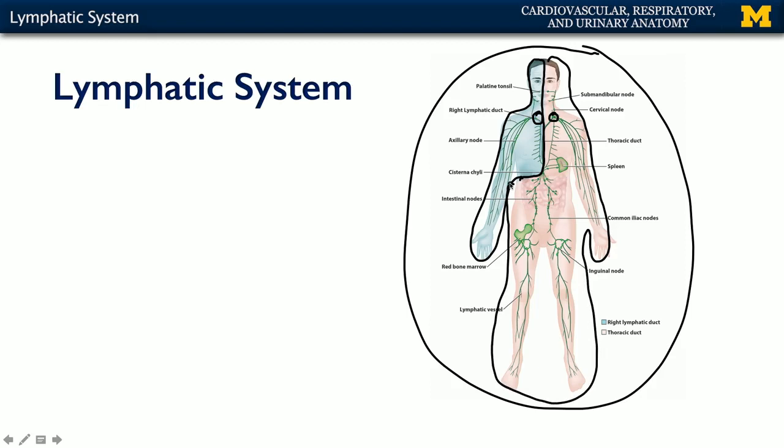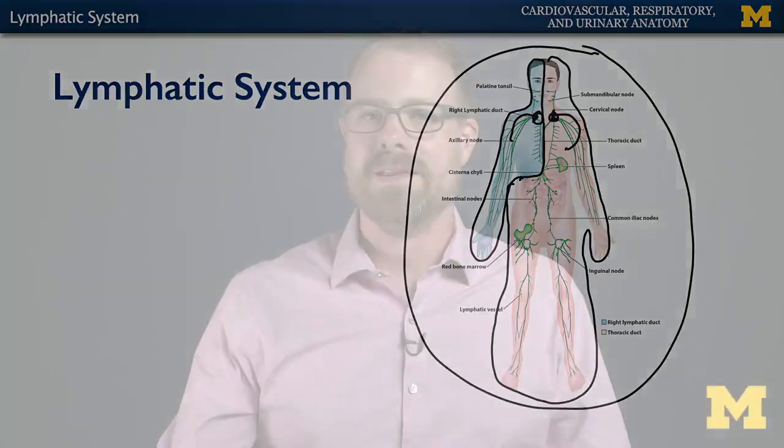is another drainage unit. And so what we have is this green draining into the right lymphatic duct, which enters into the right venous angle, and most of the lymph flow from the body returning back on the left side into the thoracic duct. The lymphatic system is going to mirror the vasculature of the cardiovascular system.